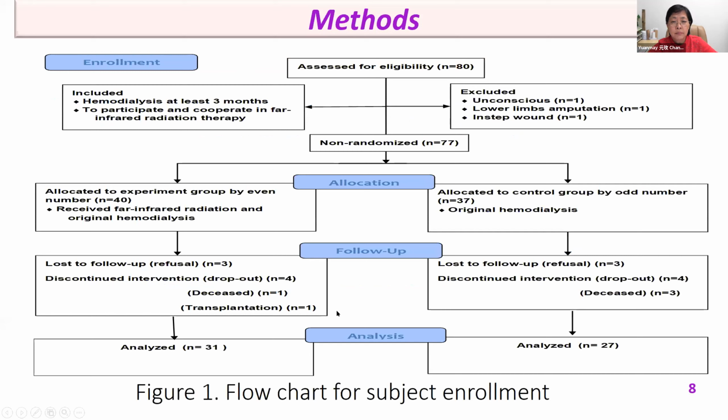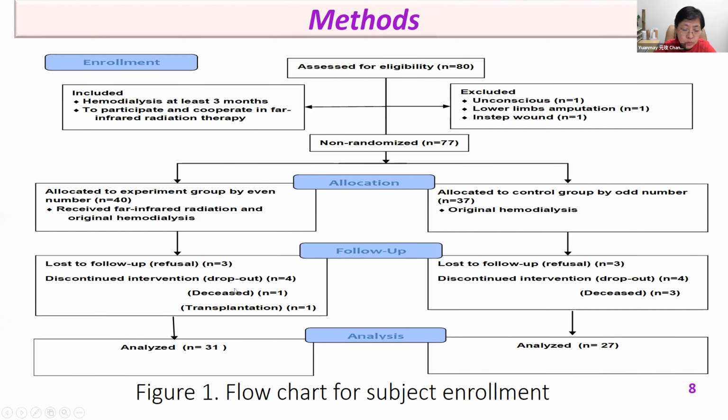In the method, we enrolled 80 eligible patients. The inclusion criteria: receiving hemodialysis for more than 4 years, having a diagnosis of diabetes, and being able to respond orally and to the physical exam.